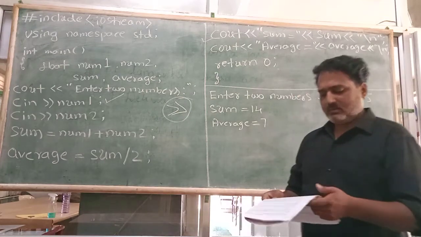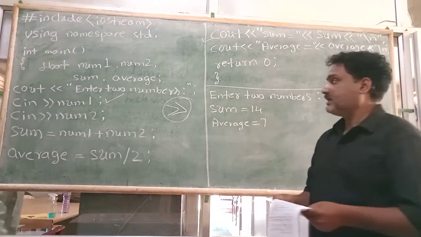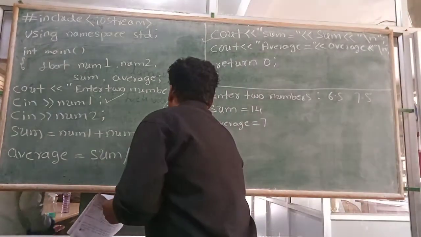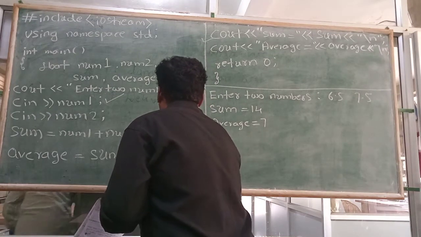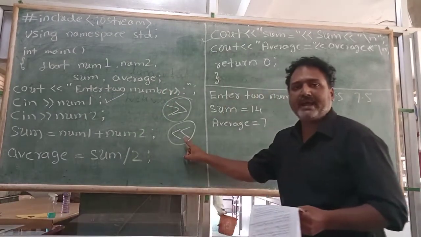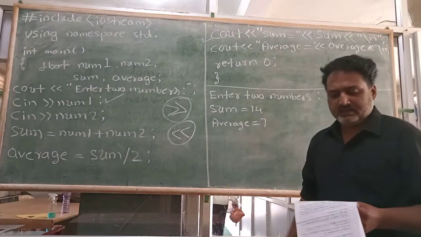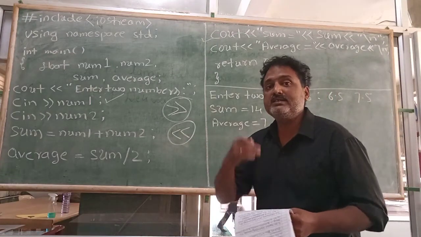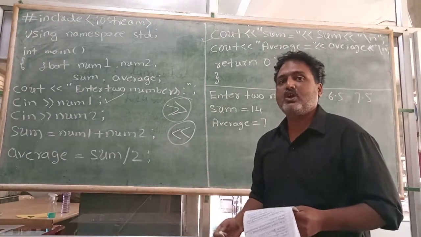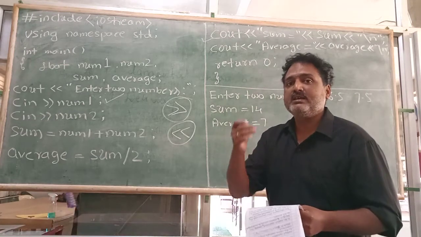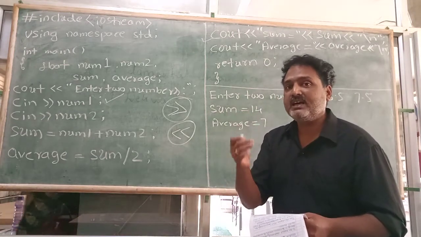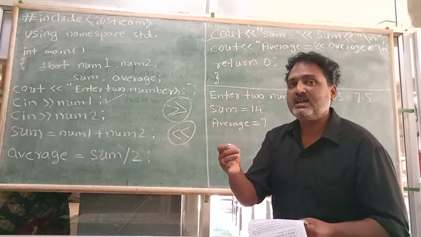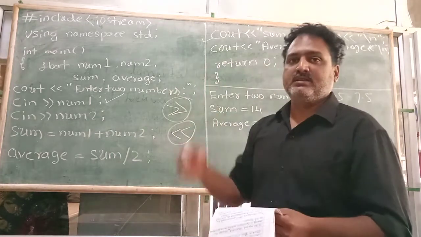Okay. The operator, the backward angular brackets I have written here, is called the insertion operator because it is inserting a sequence of bytes, a stream, on the computer screen.